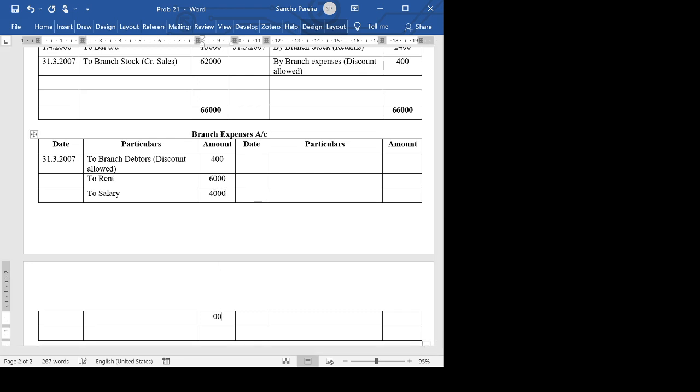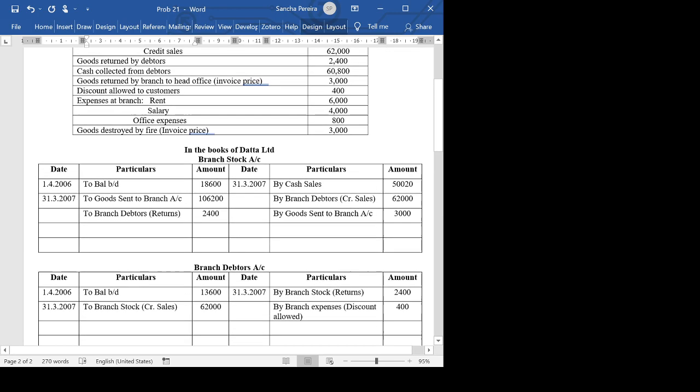Office expenses are 800. And the last thing that we have is the goods destroyed by fire.